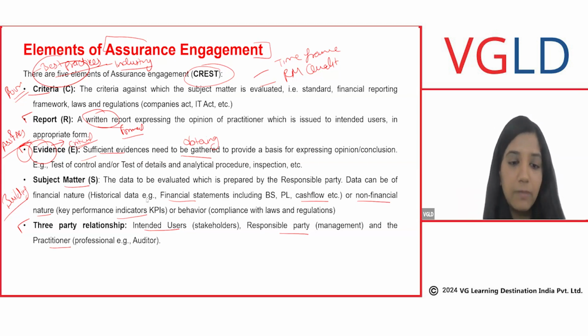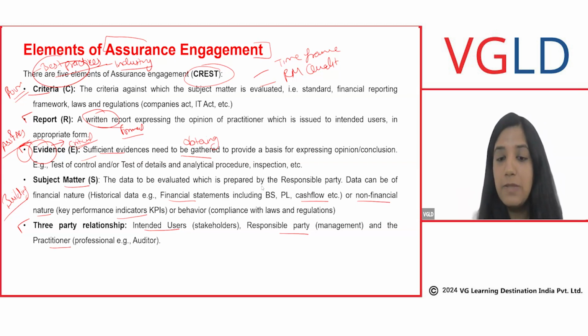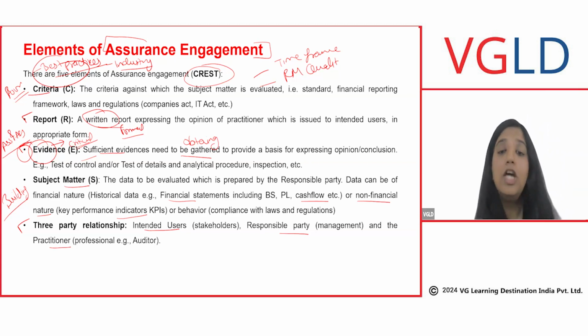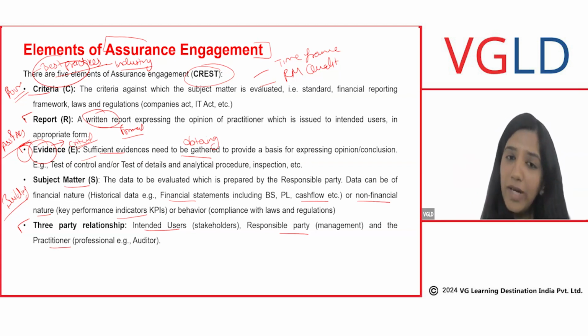Now, the subject matter, the data to be evaluated, which is prepared by the responsible party. Who is the responsible party? It is the management of the organization that you are auditing. So you evaluate whether the responsible party, which is the management, have they prepared the data correctly or not. When I talk about preparing the data correctly, it is not just the preparation of your financial statements. You drill down: are there proper invoices being maintained?